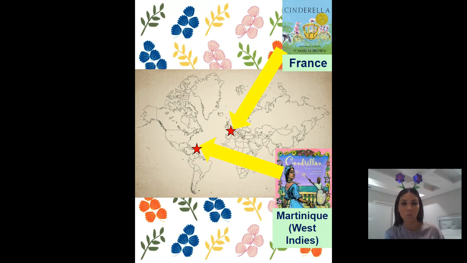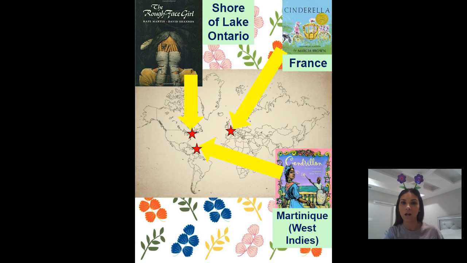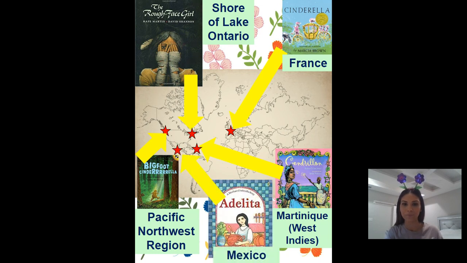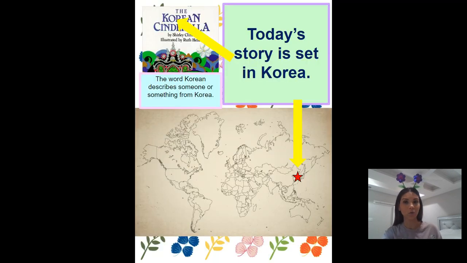Cinderillion took place in the West Indies. We've also been to shore of Lake Ontario with the rough-faced girl. Bigfoot Cinderella was in the Pacific Northwest region. Adelita was in Mexico. And today's story it's set in Korea.